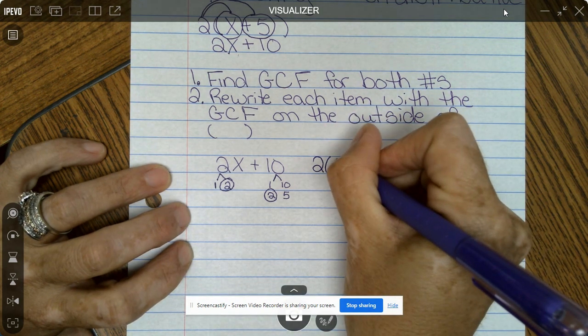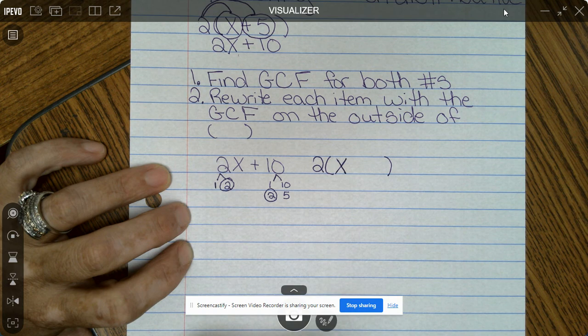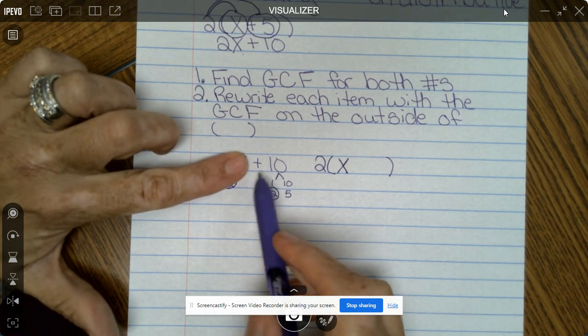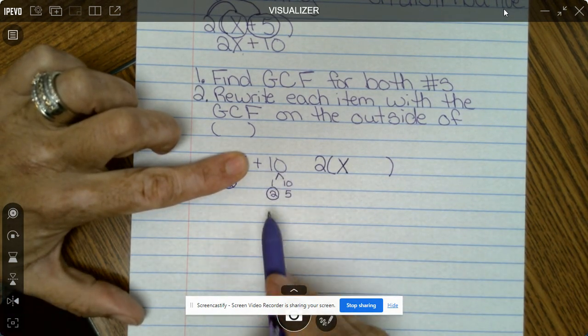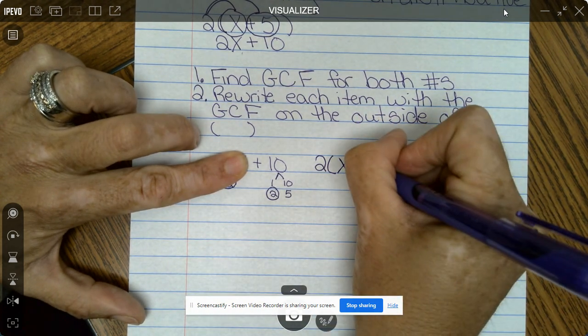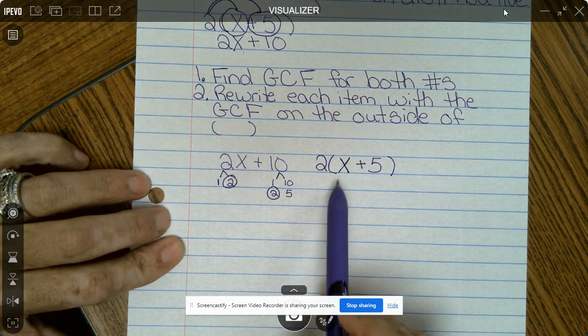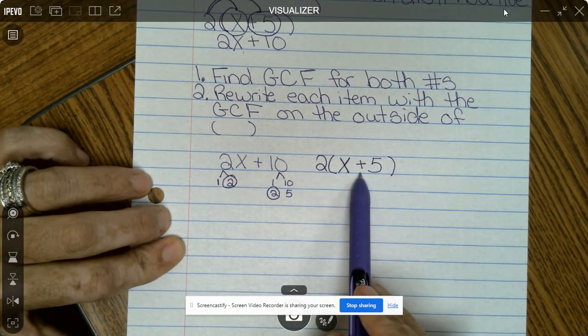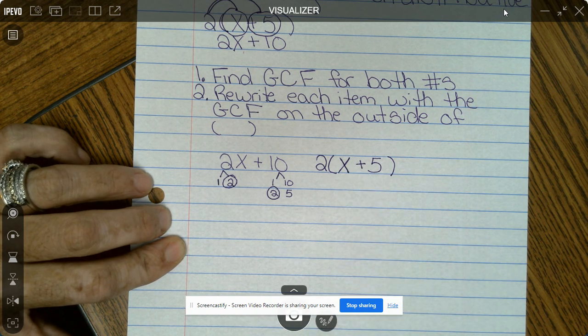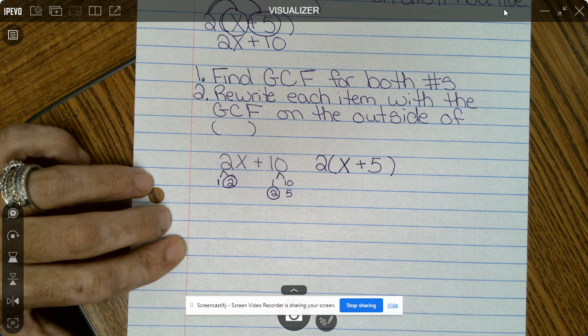So you just have x left. So 2x divided by 2 is just x. And then positive 10 divided by 2 is what? Positive 5. So this is undistributing, or factoring it out. It's doing the opposite of everything that we just did.